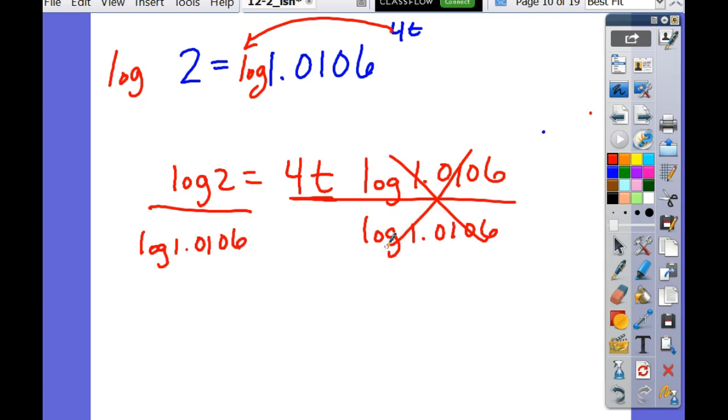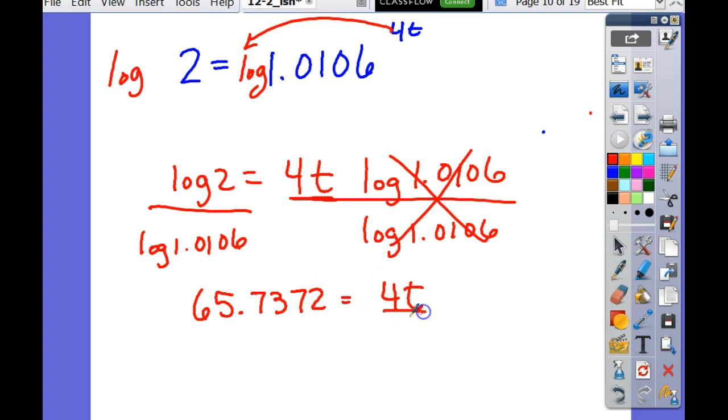So I am getting my calculator, log of 2 divided by log of 1.0106, 65.7372 is equal to 4t.